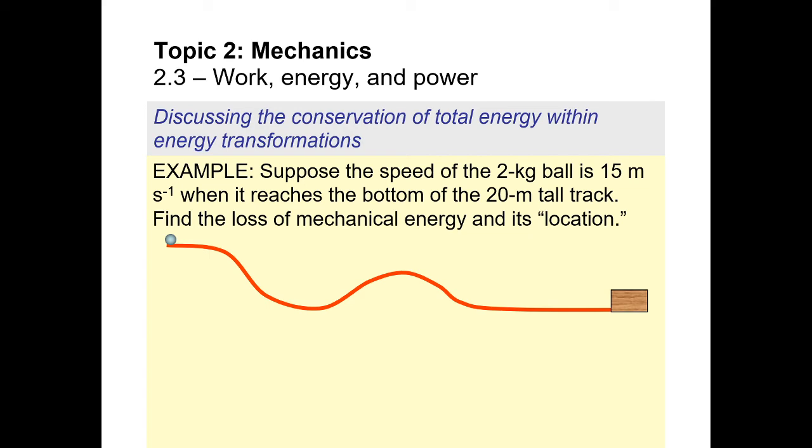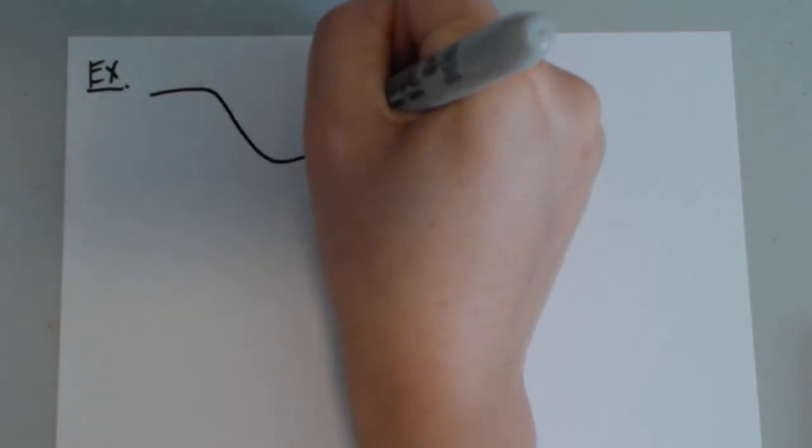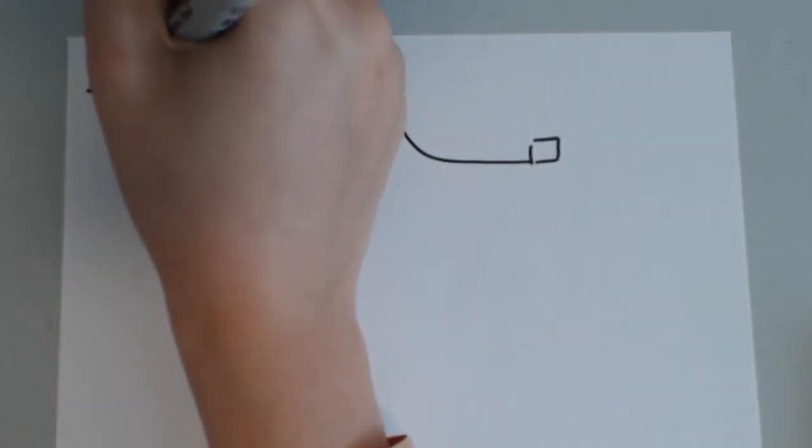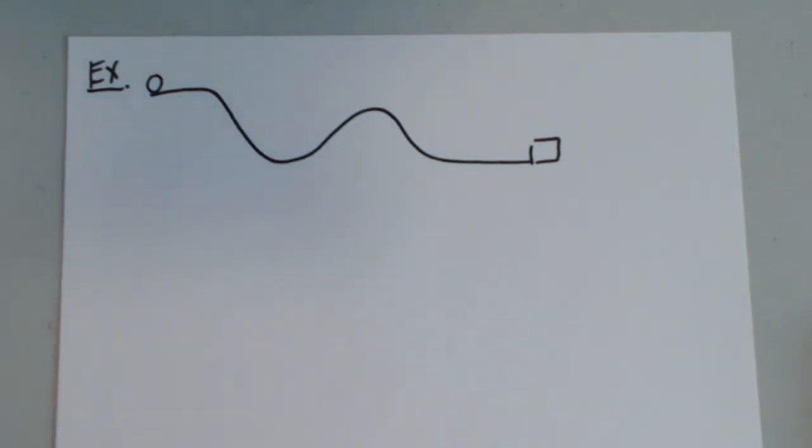Okay, so let's go to our page. We have this scenario. Now, when you have heat and loss of energy, it's difficult to use the conservation of energy system that I showed you in the last 2 examples.